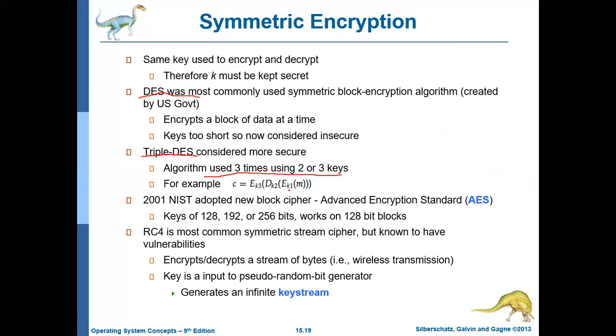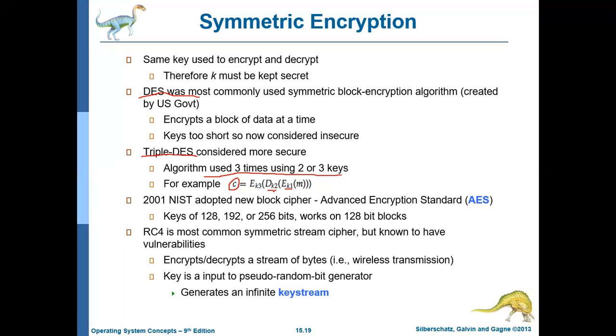See what it is doing here. To create the ciphertext C, the sender is first encrypting the message using the key K1, and then he is decrypting the message using the key K2. If the message is encrypted using K1, then you have to decrypt using K1, then only you will get the message.